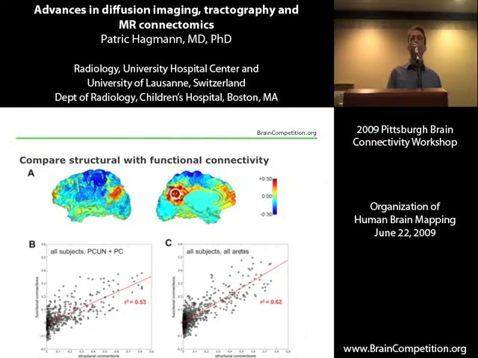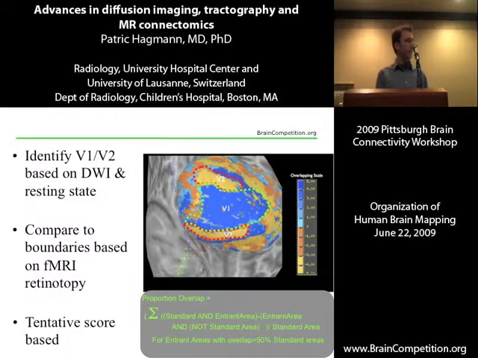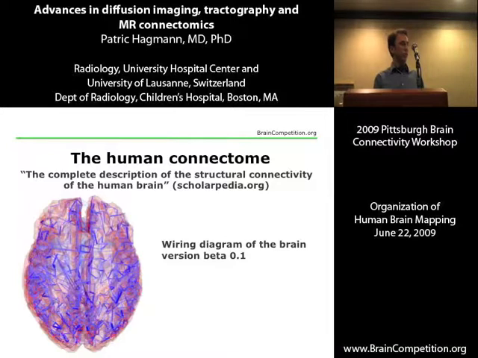Well, my opinion is that since we have no gold standard, there is a necessity to explore a combination of these, or to validate your results with a combination of these different approaches in order to get a feeling of what you're doing. And obviously, I forgot this slide, where standard functional imaging is also going to be a very important component in order to validate your tractography design.